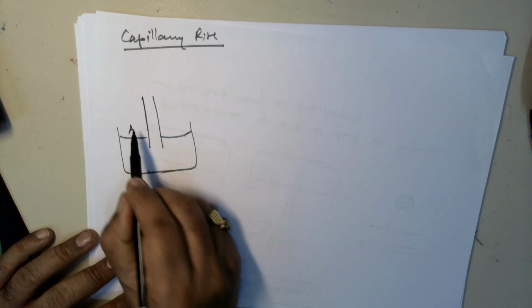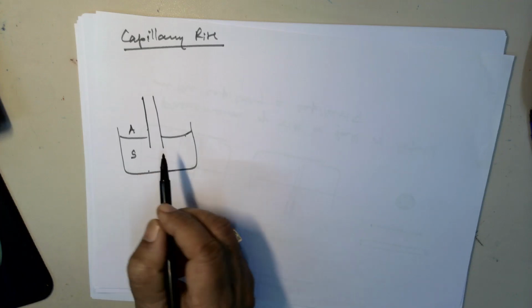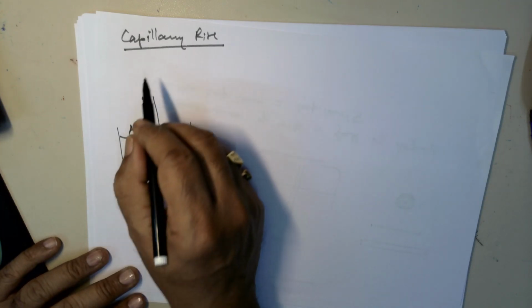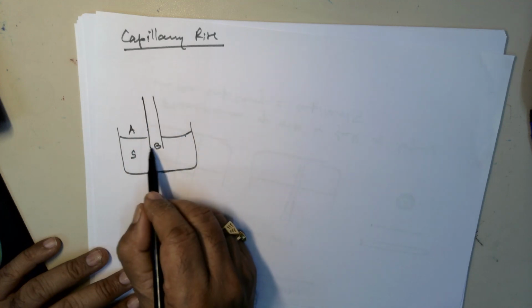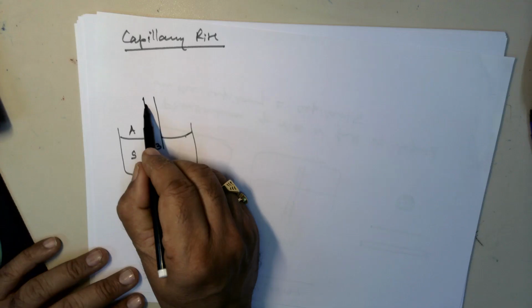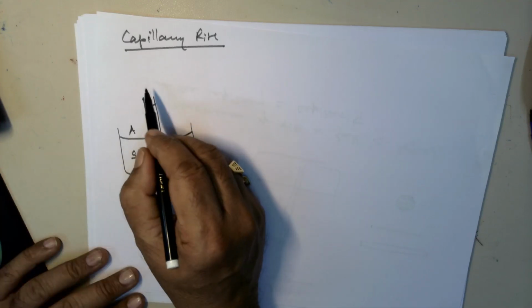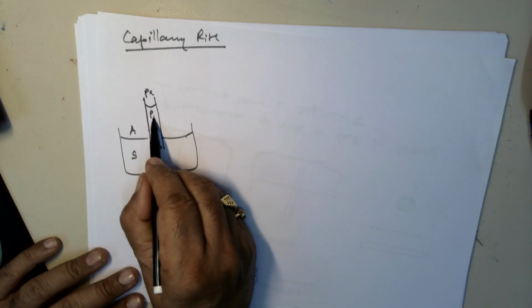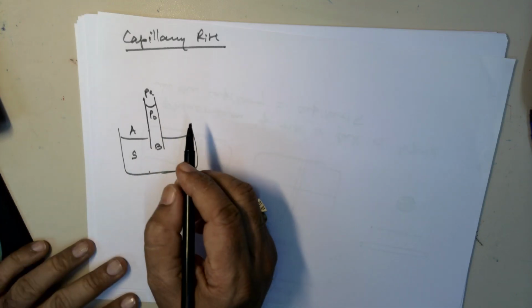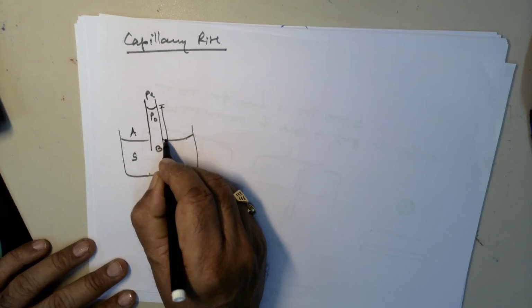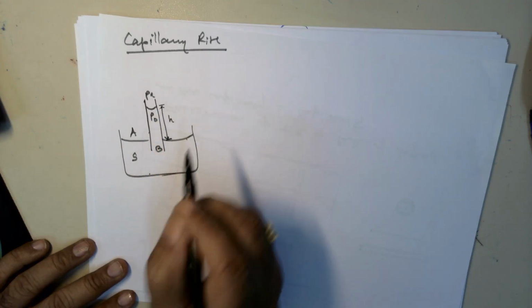Here air is there, and this is the bulk of the solution. Let me say the pressure externally is PA and internally, inside the capillary, is P0. Then you have the height here from the liquid surface. So this is the rise or height.